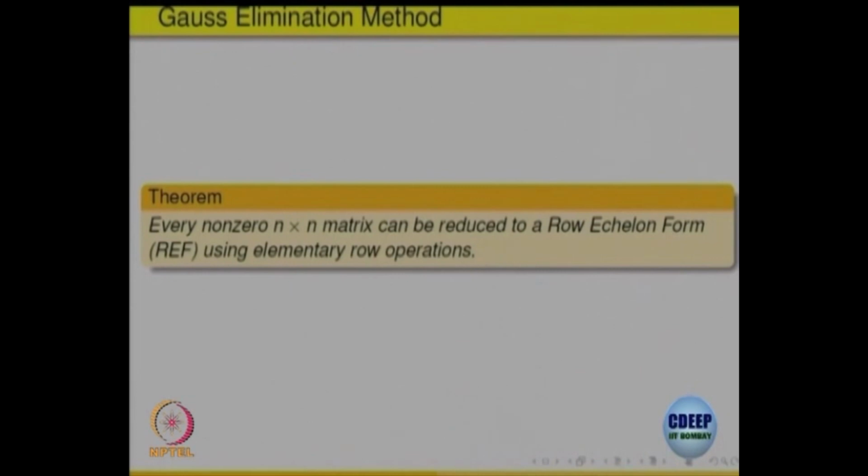The word "a" is used, indicating that there could be more than one row echelon form of a matrix using purely elementary row operations. Okay. So, we will shorten row echelon form as REF, and write row operations as row operations. This is a theorem, and we will see how the proof also goes as we do something.